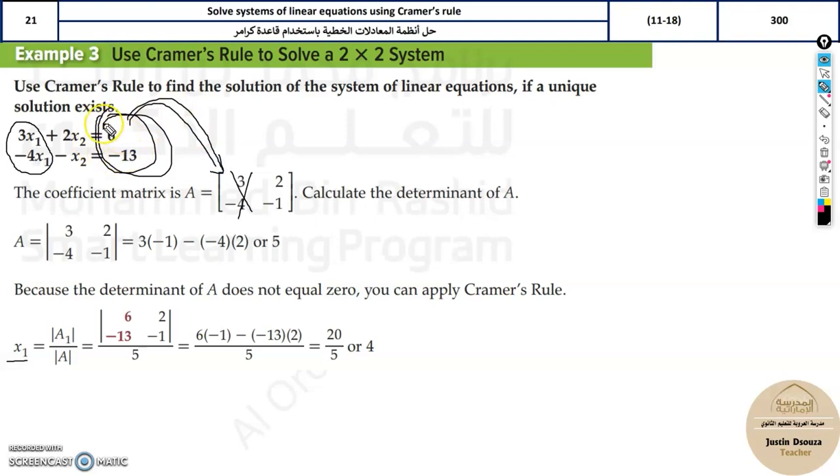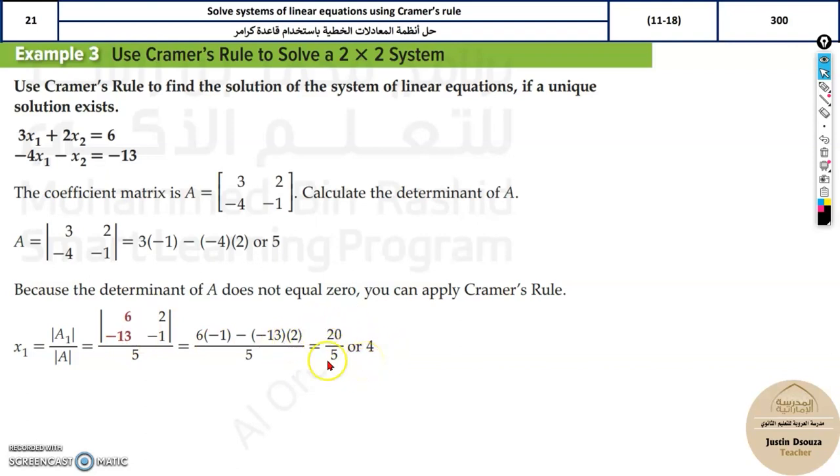Whatever is right side of equal to, or just the numbers. So the top one, instead of 3, it's 6. And instead of negative 4, it's negative 13. The other part remains the same. So now you need to find the determinant. It will be 6 times negative 1 minus 2 times negative 13. And solve it up, you'll get the answer.